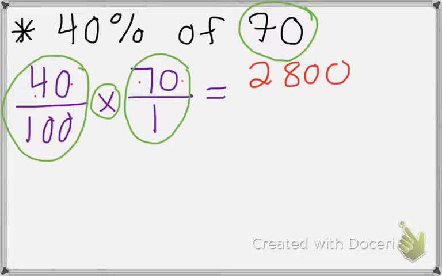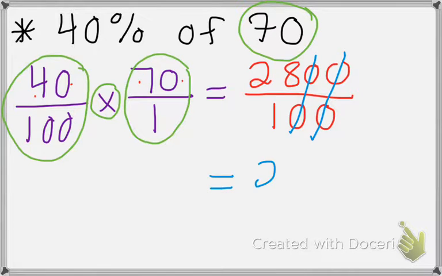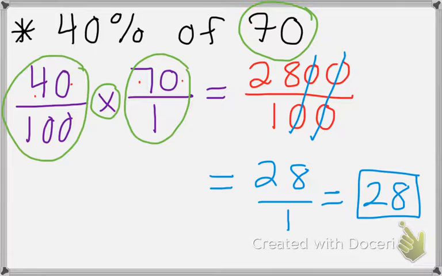So 2,800. 100 times 1 is 100. I'm going to use the cancellation method, because in this case, both of these numbers are divisible by 100. So I can just cancel those zeros out. So now I ended up with 28 over 1, which is just 28. So your answer is 40% of 70 is 28.